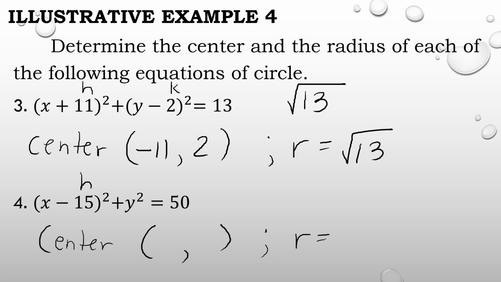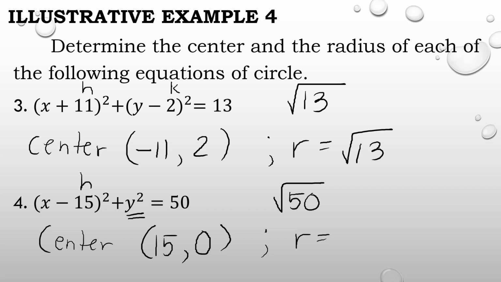Therefore, h is positive 15. For the value of k, since this is y squared, the value of k here is 0. Therefore, the center is at 15 comma 0. For the radius, that is the square root of 50. If it cannot be simplified, then just write square root of 50.